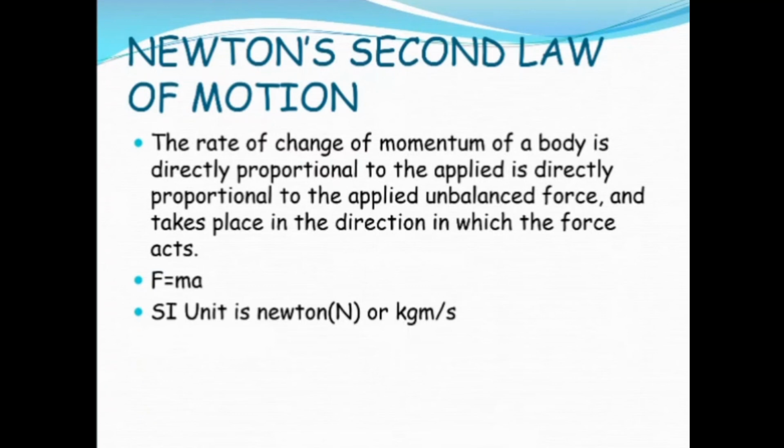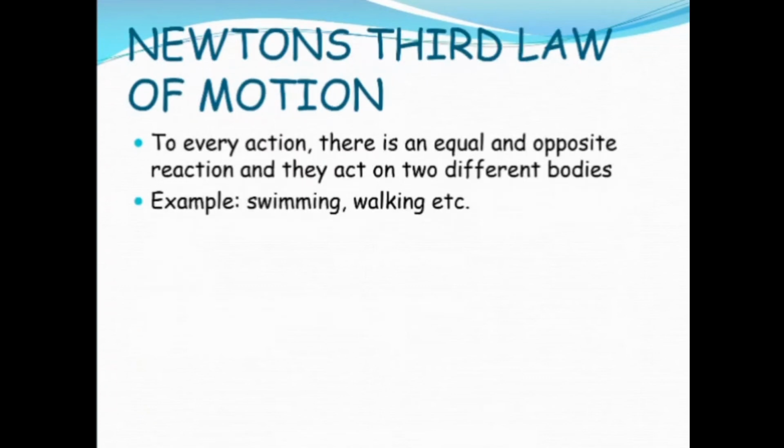So the rate of change of momentum is proportional to the unbalanced force. And it also gives F = ma, and the SI unit is Newton or kg meter per second square.